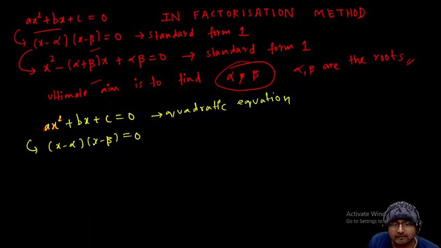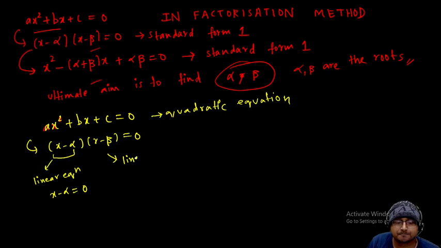Here we are converting this quadratic equation into the product of two linear equations, that is x minus alpha equal to 0, a linear equation, and one more linear equation, x minus beta is equals to 0.